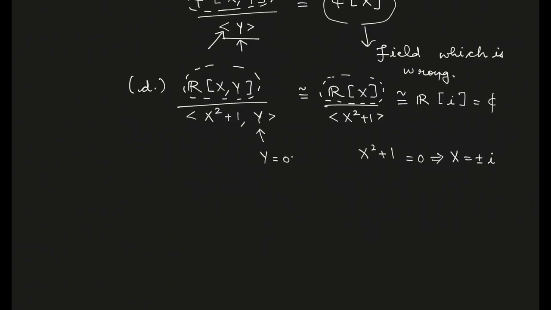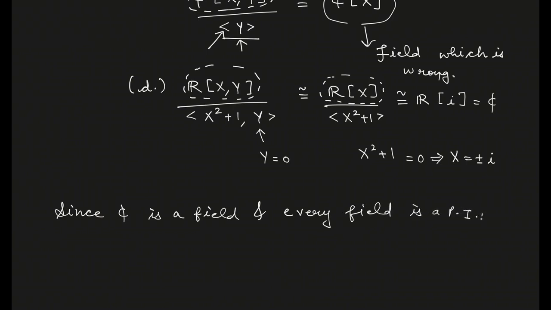Now since complex numbers is a field and every field is a PID, so this means that C is a PID.